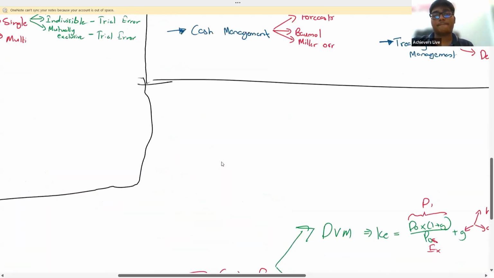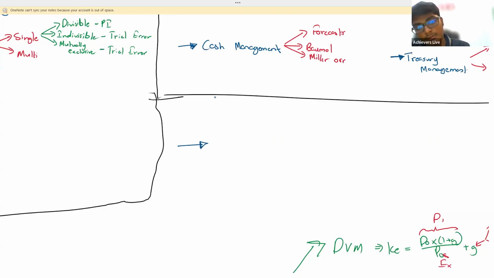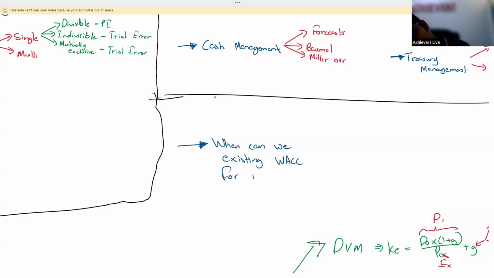Next thing, when can we use the existing WACC for investment appraisal? Under two situations, you can use the company's existing weighted average cost of capital for investment appraisal.